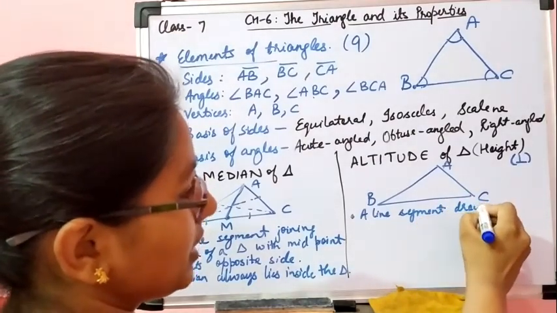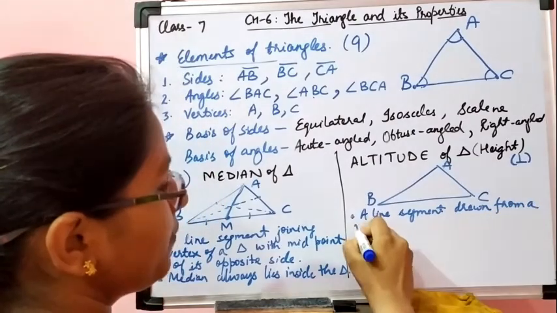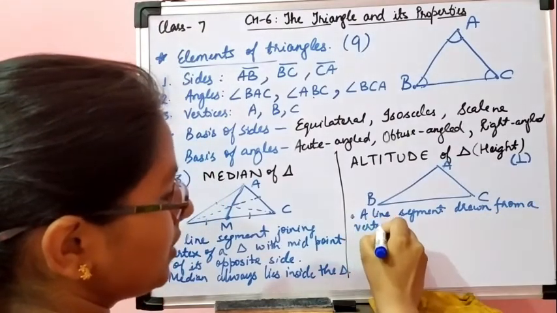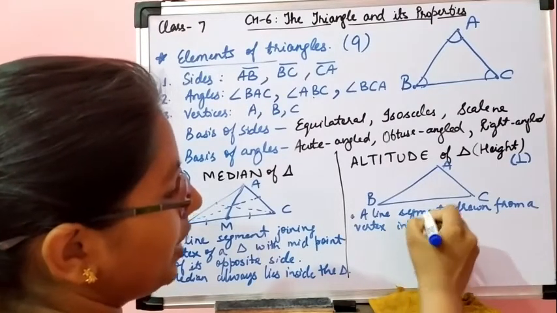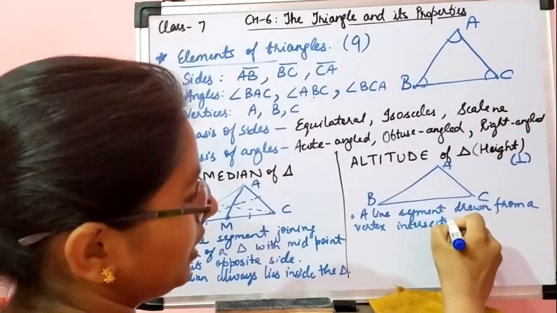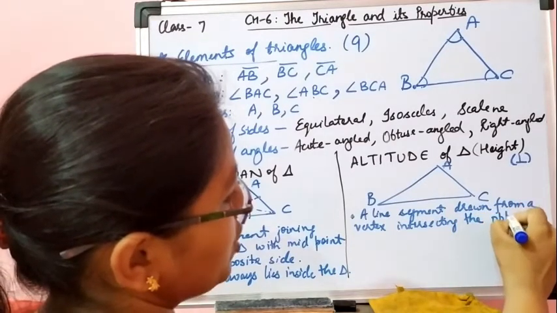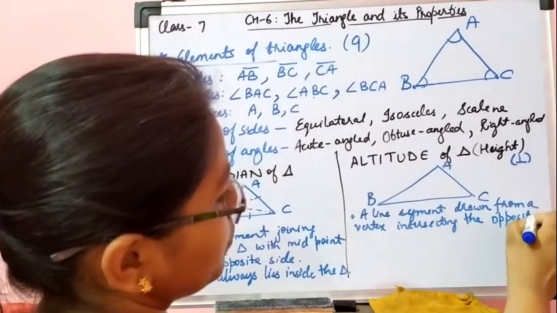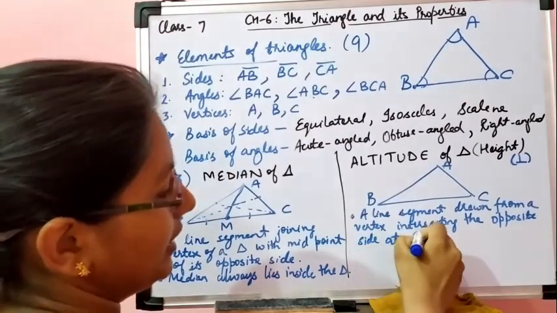A line segment drawn from a vertex. इसको भी एक वर्टेक्स से बनाया जाता है. Drawn from a vertex intersecting the opposite side at 90 degree.